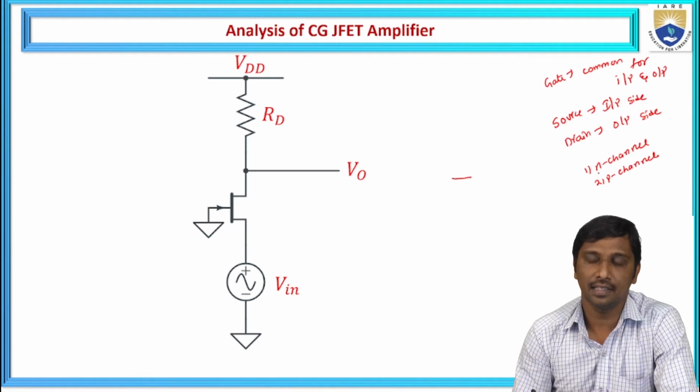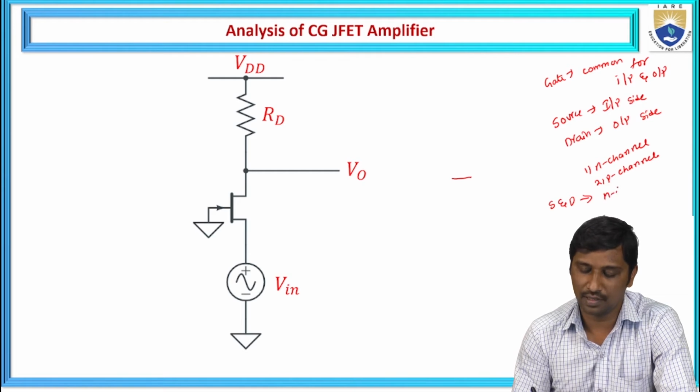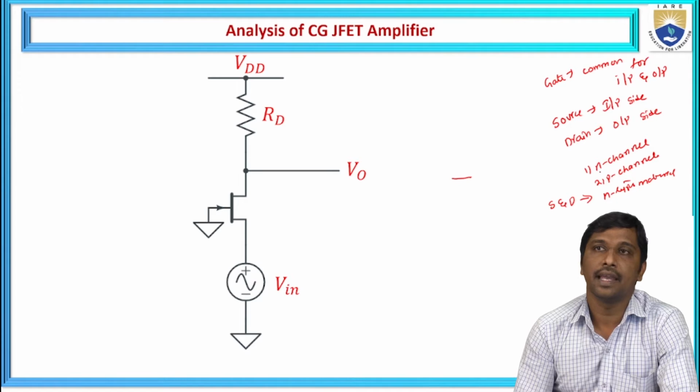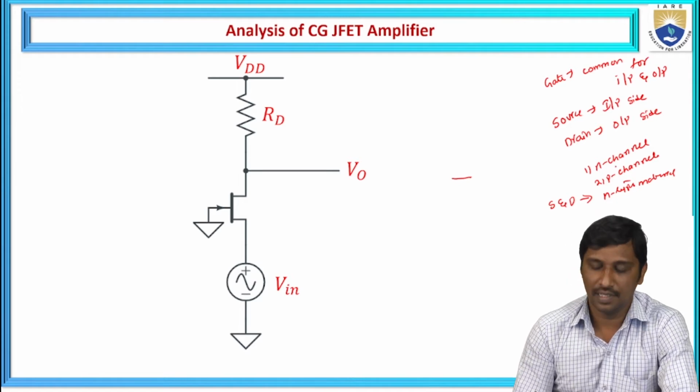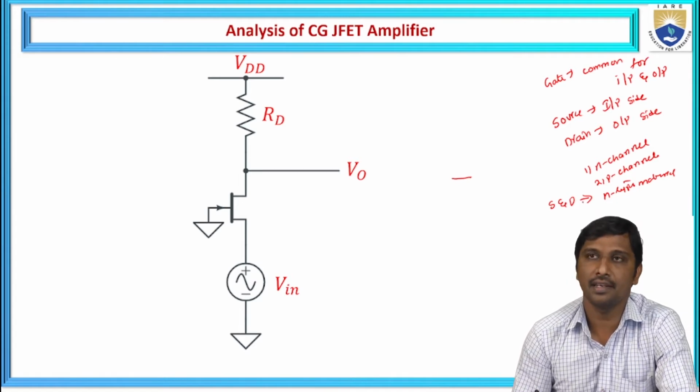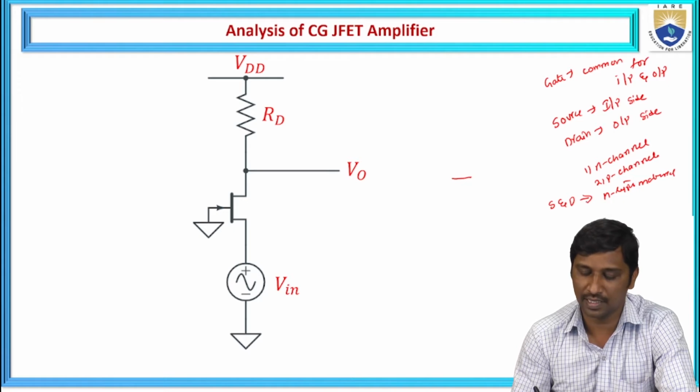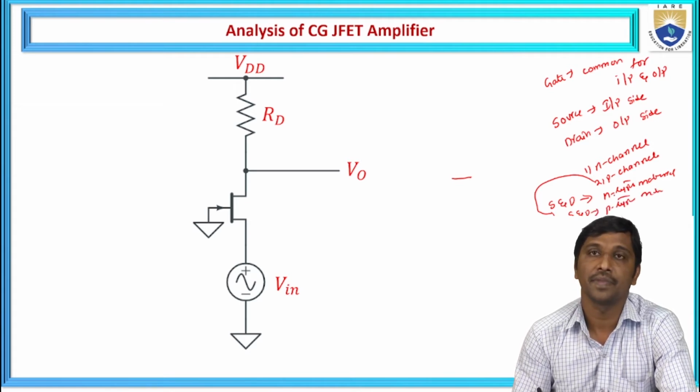Based on the materials used in construction, we classify the JFET into two types. If we consider the N-channel JFET, the source and drain are made up of N-type materials. If it is a P-channel, the source and the drain are made up of P-type material.